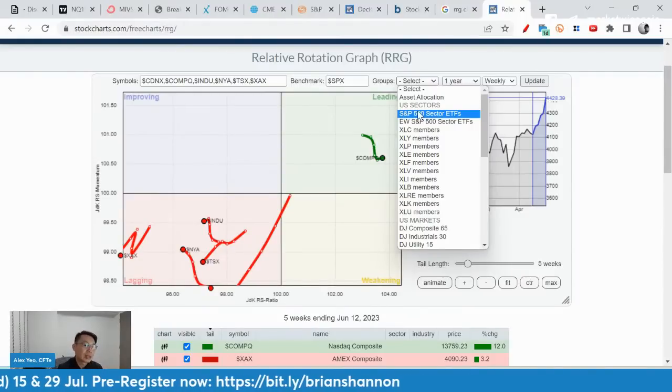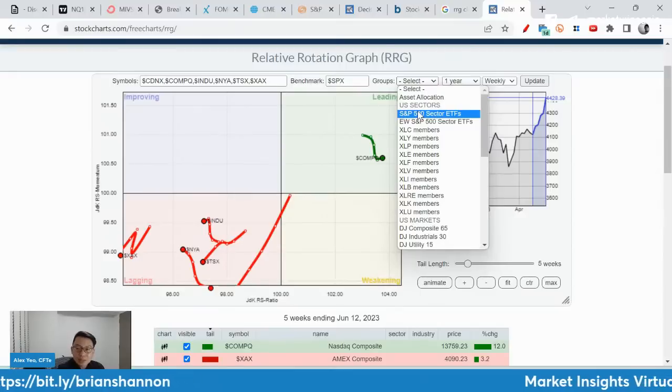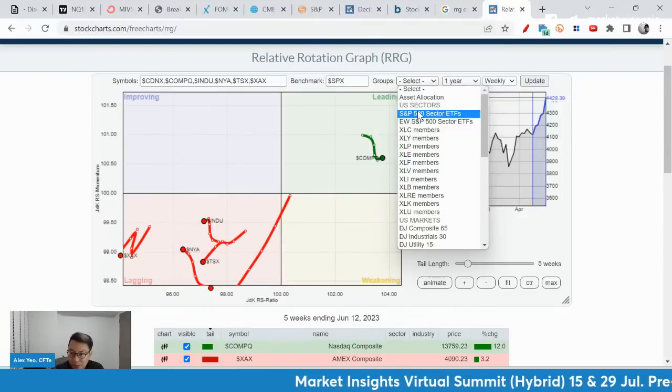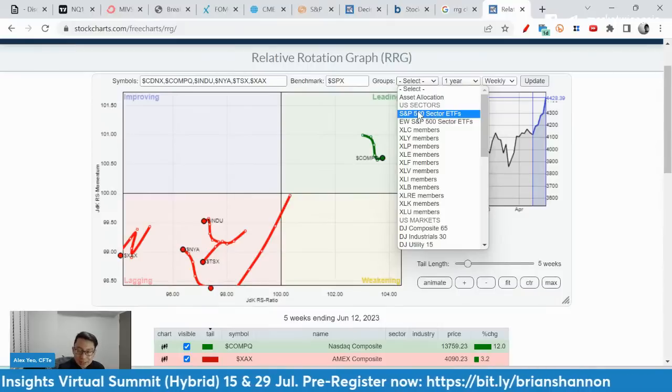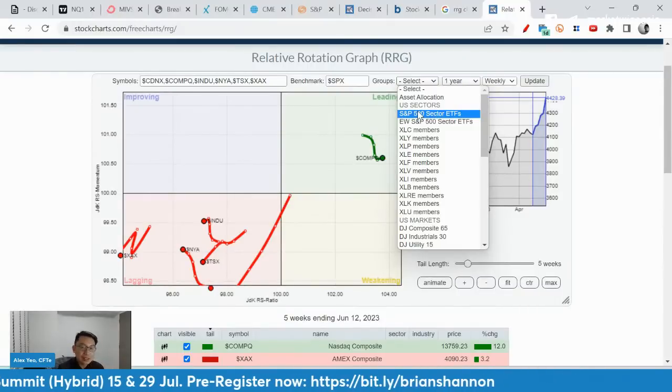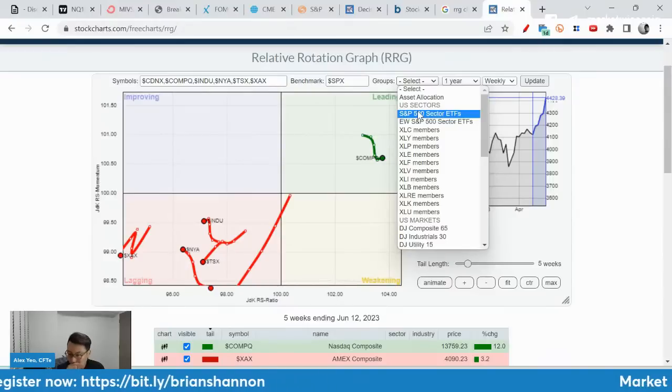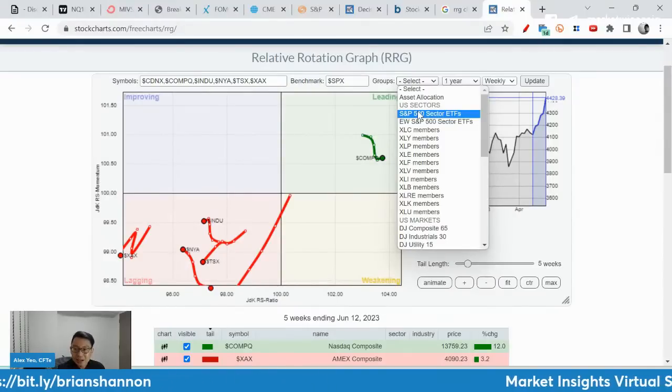Before I go into that, let me ask about the sectors. There are 11 sectors: technology, comms, industrial, consumer staples, consumer discretionary, and so on. Which sectors are leading right now? Let me know in the comments. Which sectors do you think are lagging right now? You can also type in the comments.